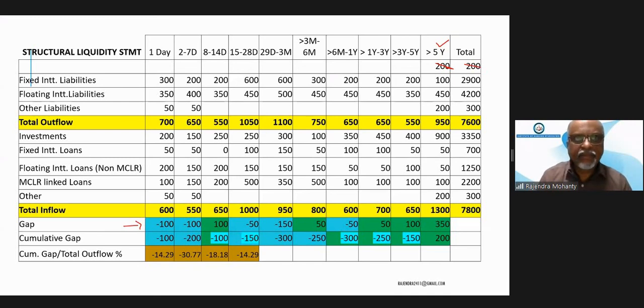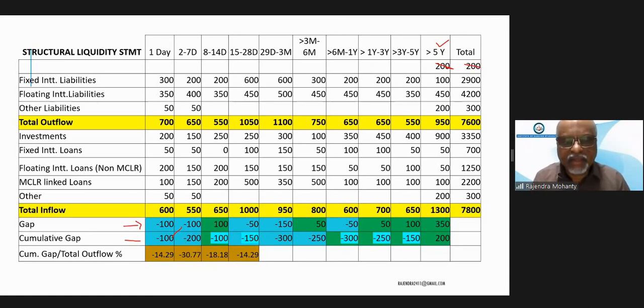Now, the cumulative gap is the previous cumulative gap added to the next gap. So 100 was the first gap, so the cumulative gap becomes 100 because there is nothing before, nil. Now in the next time band, the gap is minus 100, so when you add these two, the cumulative gap becomes minus 200.